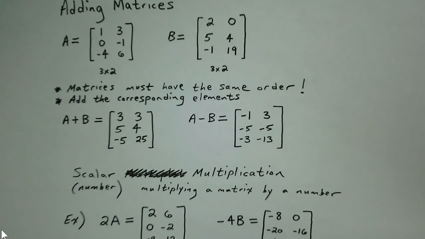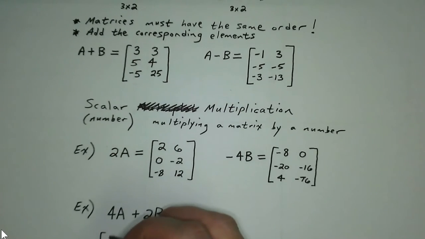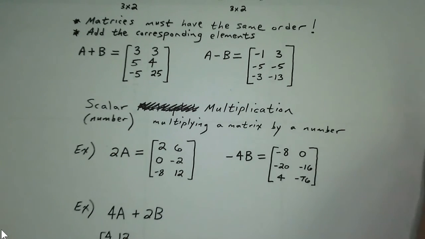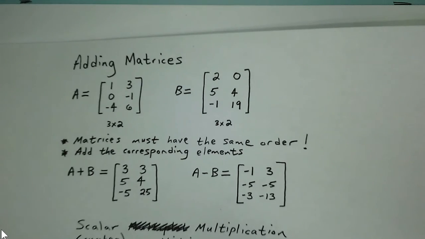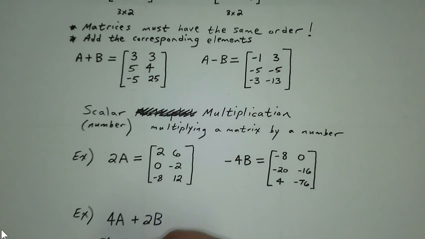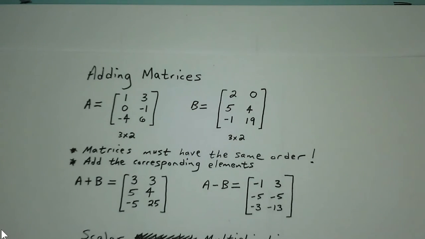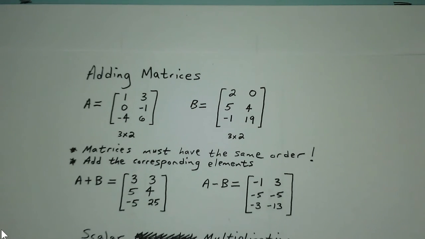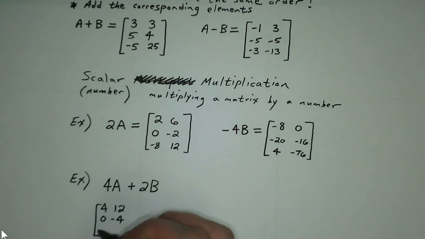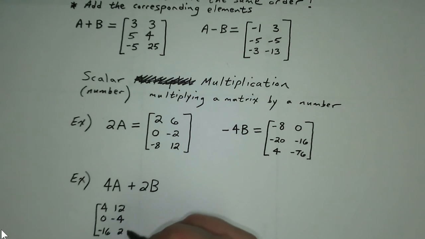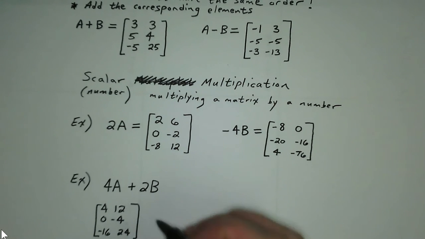So that would be 4, 12. And then multiplying by 4 would be 0, negative 4. And to keep multiplying by 4 would be negative 16, 24, I believe. And I hope I'm not making any silly mistakes.